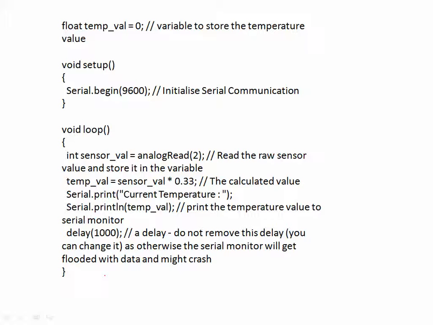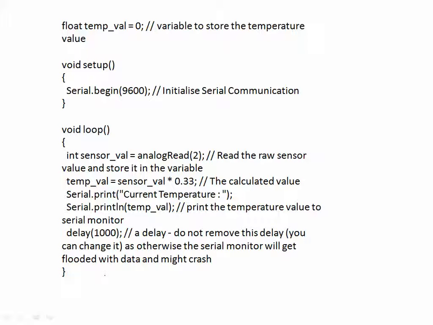So we are reading that analog pin number 2, and that value is assigned to the variable sensor value. But the value which will be shown in the serial monitor is the temperature value. The temperature value is equal to sensor value times 0.33.